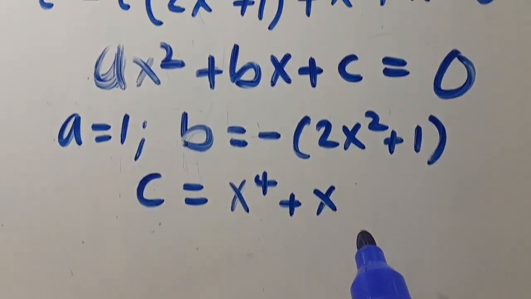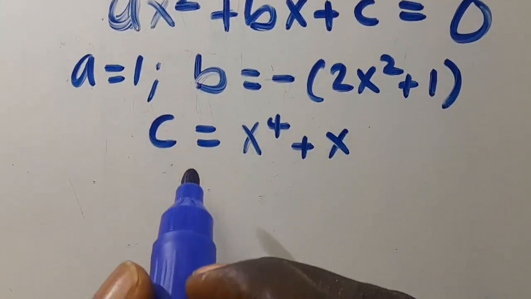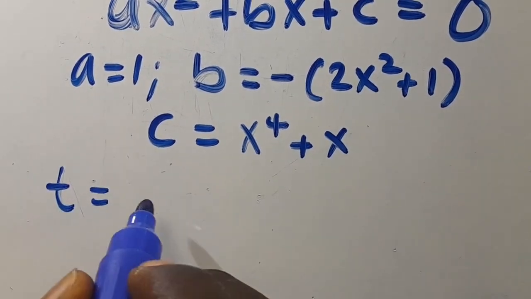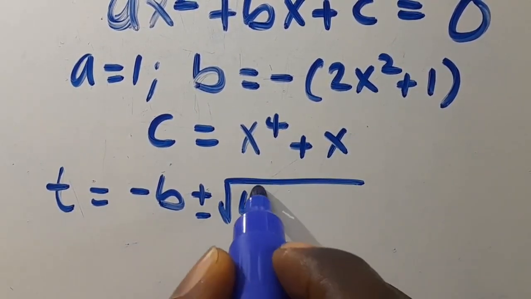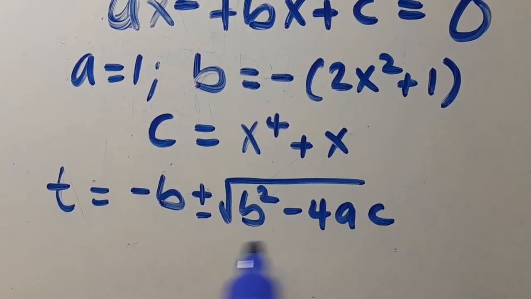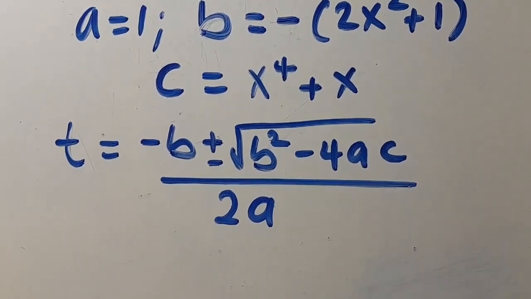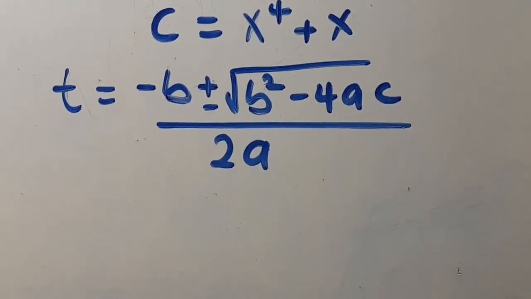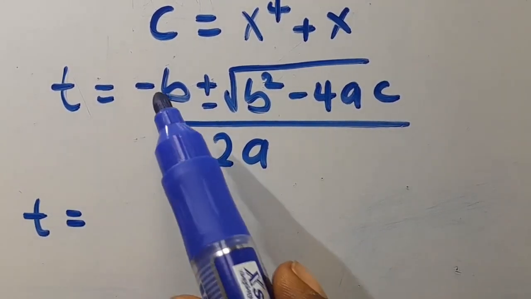Then we want to get the value of t from here. So we can say t will now be equal to minus b, positive or negative, root of b squared minus 4ac, divided by 2a. So definitely our t will be equal to minus b.